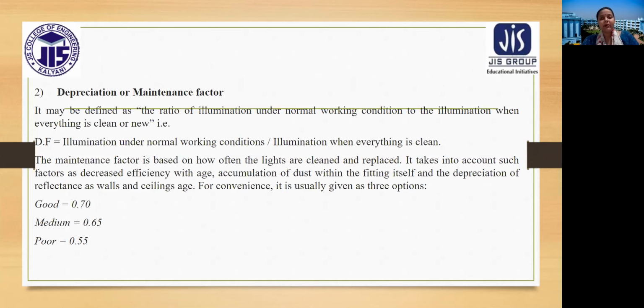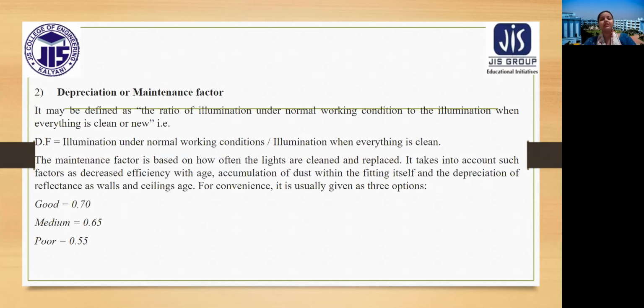Suppose a lamp is being used for more than 1 year or 6 months. We cannot say that the efficiency it had when the lamp was installed will be the same. So it reduces as time passes.